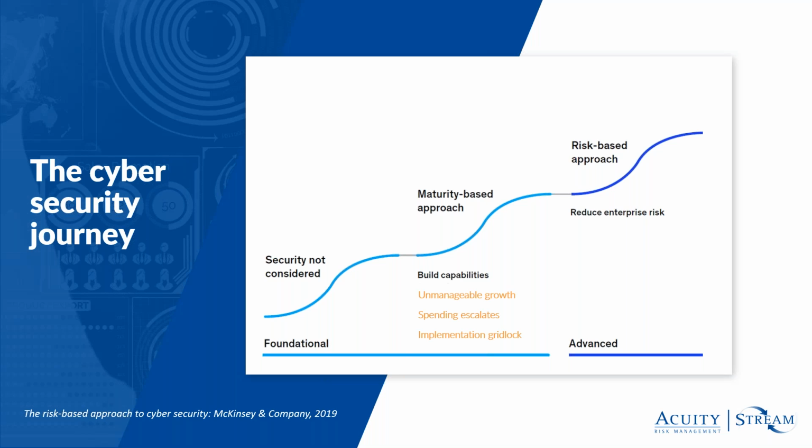And that, they identified, suffers from 3 quite significant problems. First of all, that it can result in unmanageable growth in control and governance. And as a result, spending escalates because we try to control everything. And also related to that, then we get implementation gridlock, because the limited high skill resources that we have that are able to implement cybersecurity get overwhelmed.